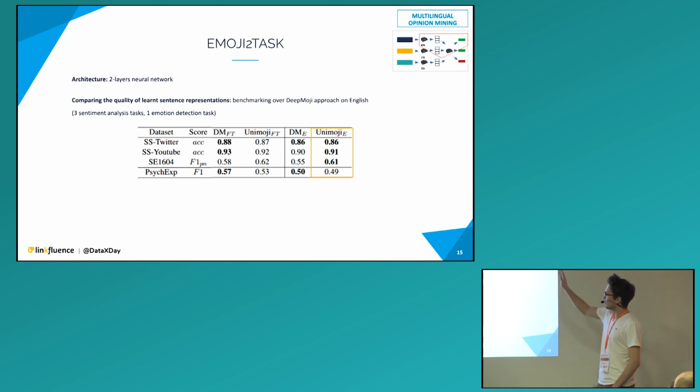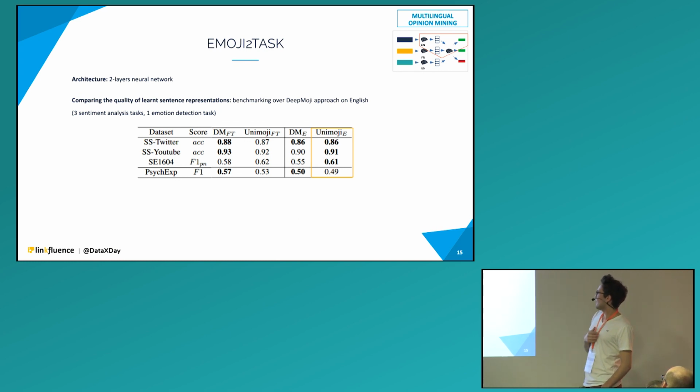The first one is the real DeepMoji approach with the pre-training phase and the fine-tuning phase, so that's the state-of-the-art result. Then there is our CNN architecture that we fine-tune. That's quite fair, maybe even a bit below, but it's actually quite the same results.